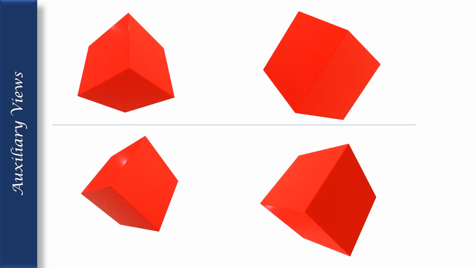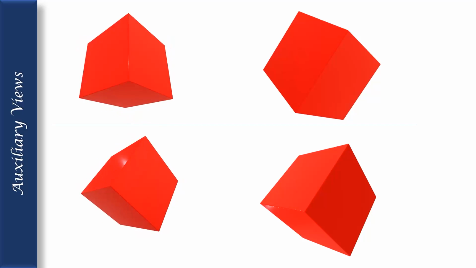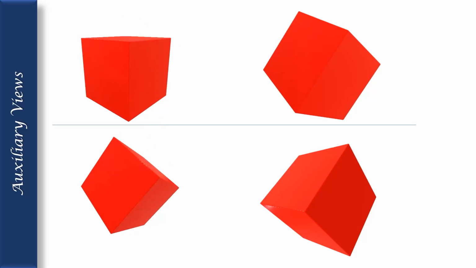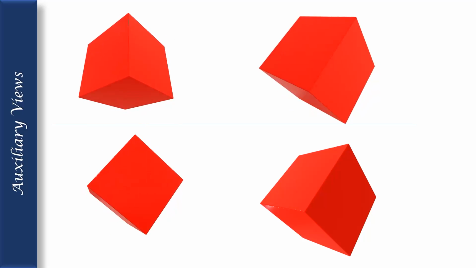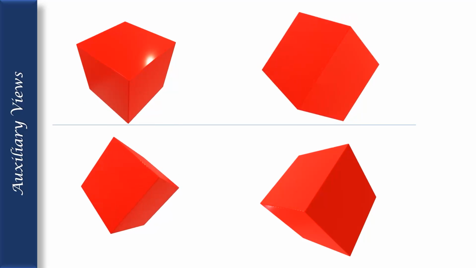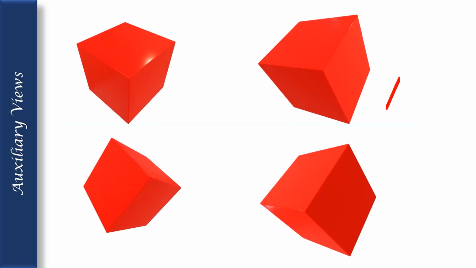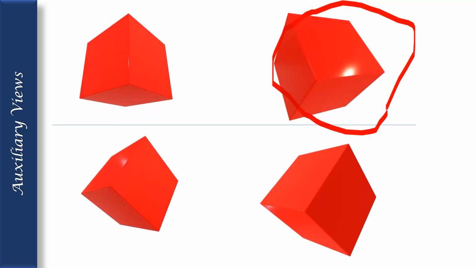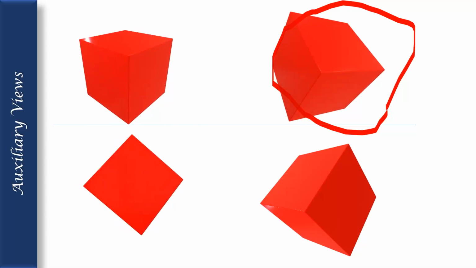Okay, see, I just twisted the object so that you may know how the object looks, and how it looks if I see it from the front. If it is inclined 30 degrees, look at the third object. Okay, so if it is inclined 30 degrees, it will look like this.